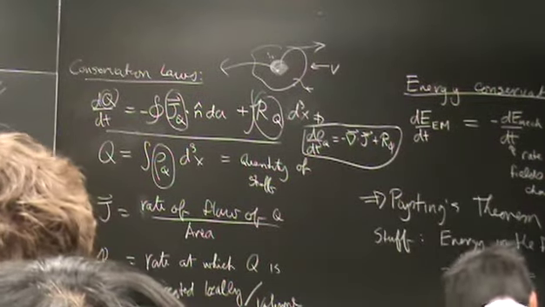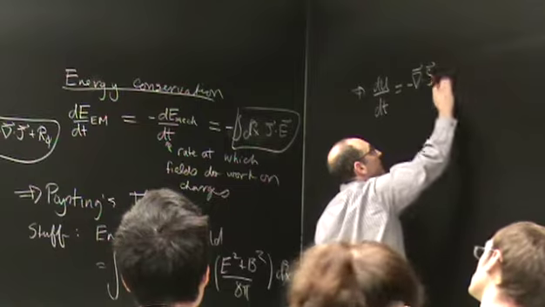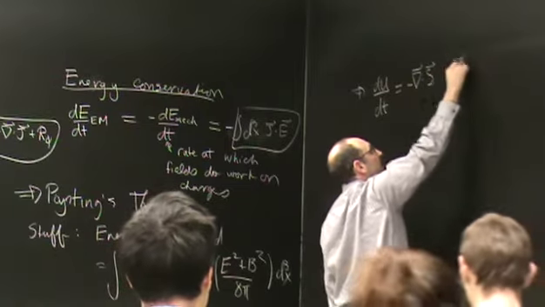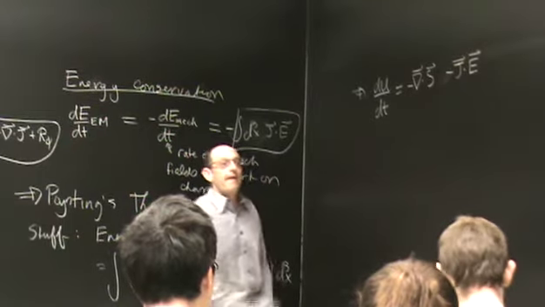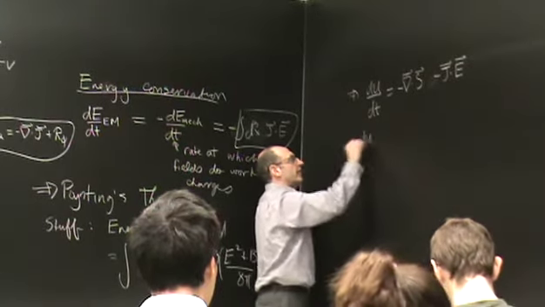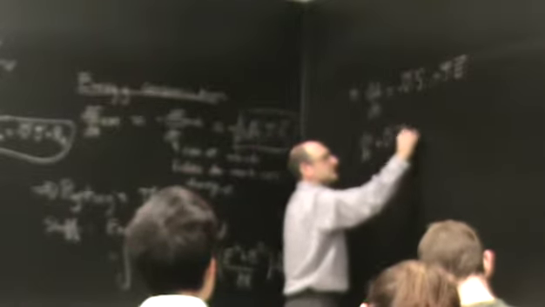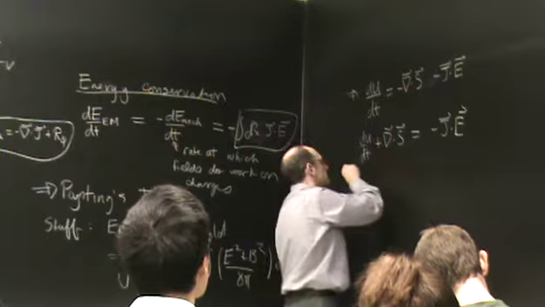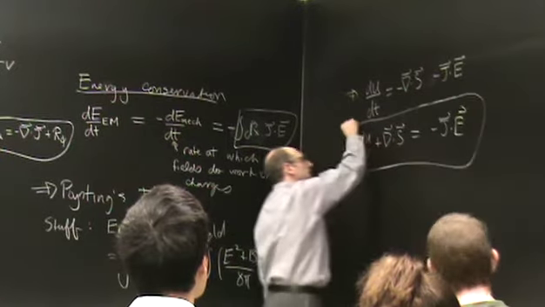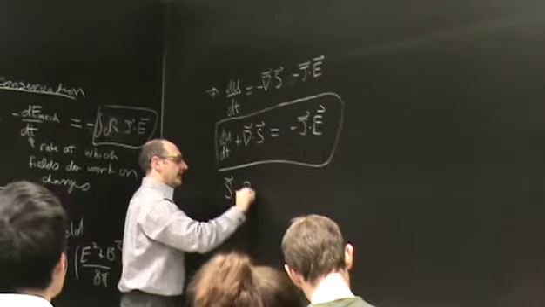And so we have, in this case, minus del dot S plus the rate of creation is minus J dot E. Or often written like this. Where S is the Poynting vector.